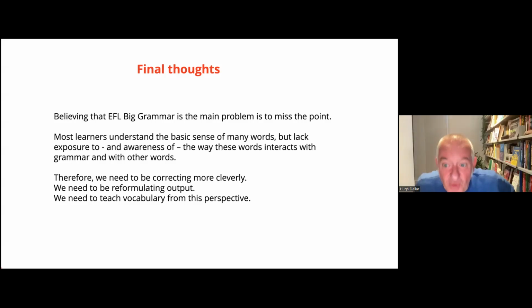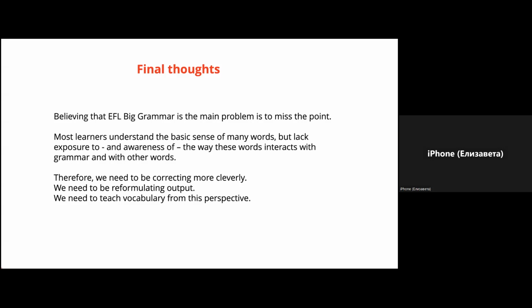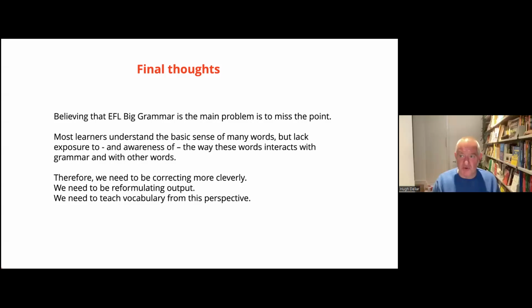So just some final thoughts. I think one thing is be careful about the way you think about development. Once students get past pre-intermediate, basically big grammar, Raymond Murphy grammar, the present simple, the future continuous, you know, was going to talk about future in the past.